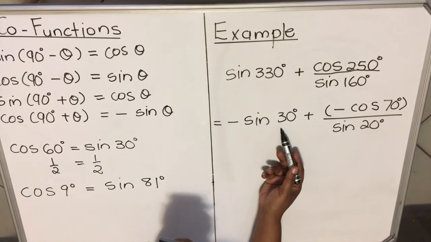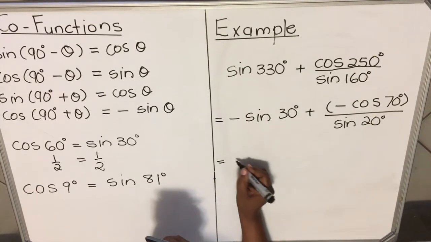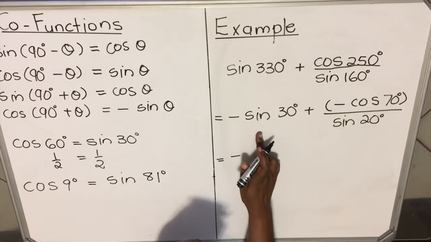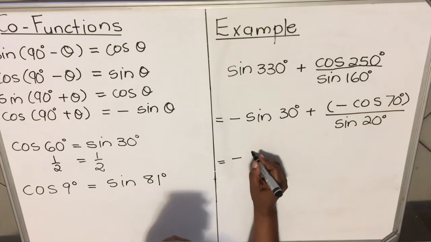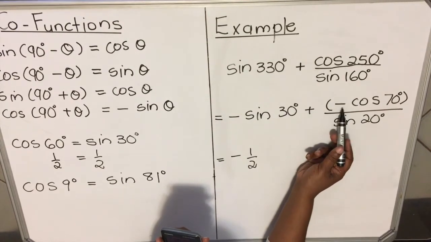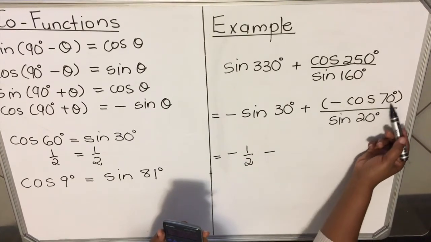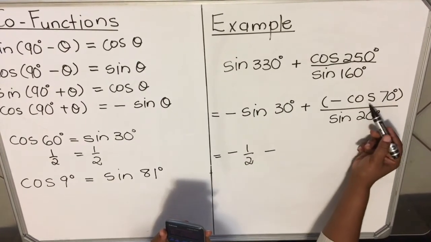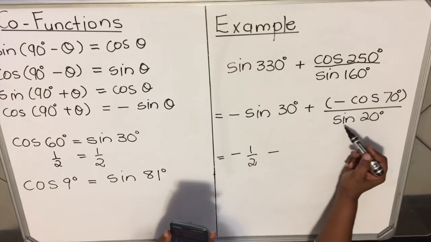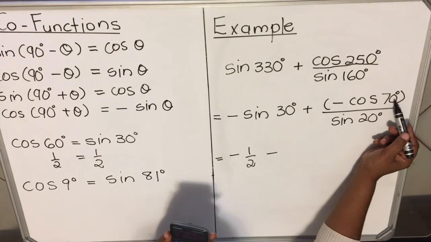Now, with this angle, it's a special angle. When you get a special angle, you punch it in your calculator and get an answer. So it will be negative sine 30, it's 1 over 2, right? When you get here, negative times positive, it will be negative. Now here's the cofunction ratio thing. Cos 70 and sine 20. 70 and 20 add up to 90, cos and sine.